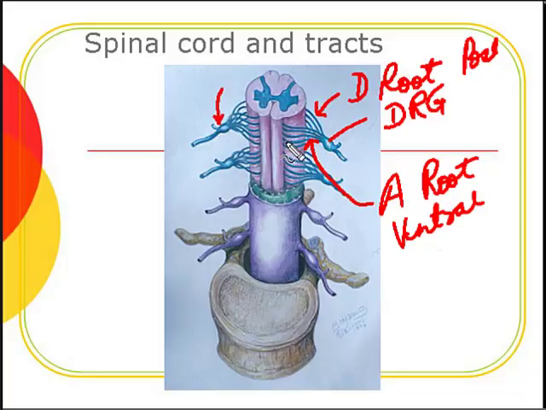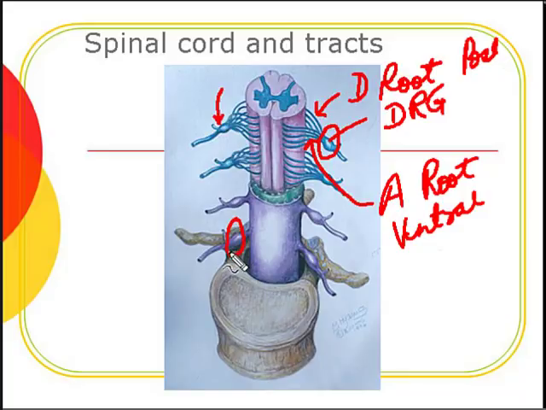And then this dorsal root ganglion and the spinal nerve are actually present in the intervertebral foramen. If you look at this picture, it shows you very clearly the region of the intervertebral foramen. In this intervertebral foramen, you have the dorsal root ganglion and the spinal nerve.